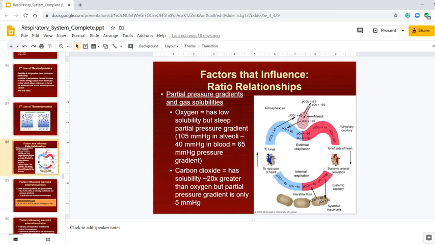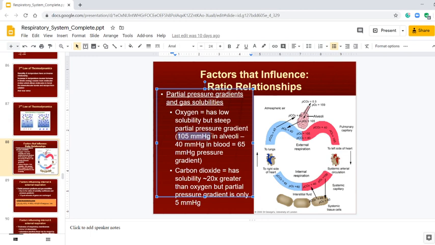All right, so oxygen has low solubility but steep partial pressure gradients. We have a pressure of 105 millimeters of mercury in the alveoli, and we have 40 millimeters of mercury in the blood, which is way lower than the alveoli, right?